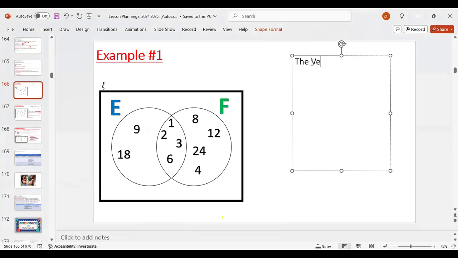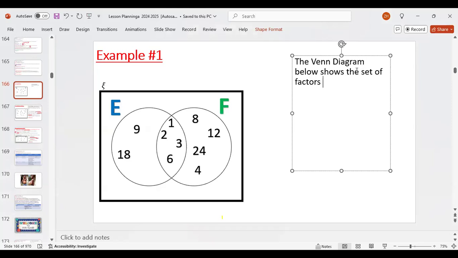So we have the Venn diagram below shows the set of factors. What do we say factors are?